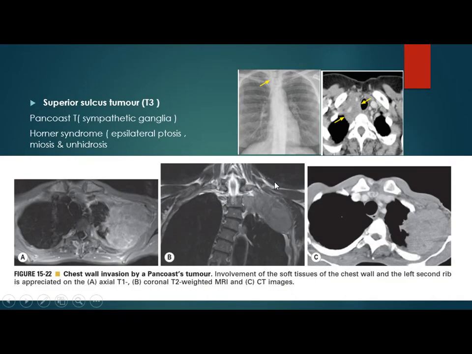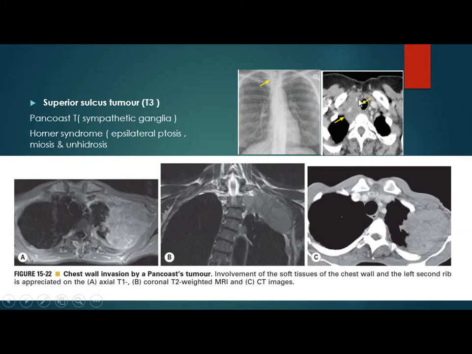Also, another presentation is the superior sulcus tumor. It is regarded as T3, and later on I will discuss it. Pancoast tumor is a type of superior sulcus tumor and affects the sympathetic ganglia, causing Horner syndrome: ipsilateral ptosis, miosis, and anhidrosis. Here there is opacity in the right apical area.